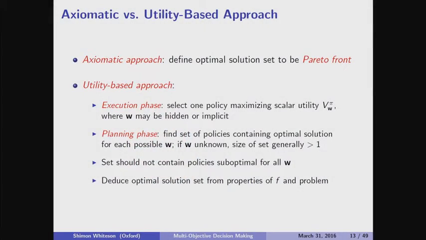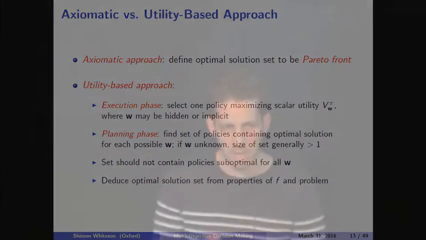In the other approach, which we call the utility-based approach, we try to reason from more basic principles about what the solution concept should be. The reasoning is as follows. During the execution phase, at the end of the day, we can only execute one policy. So if we select that policy in a rational way, then that policy will be optimal with respect to some scalar utility.